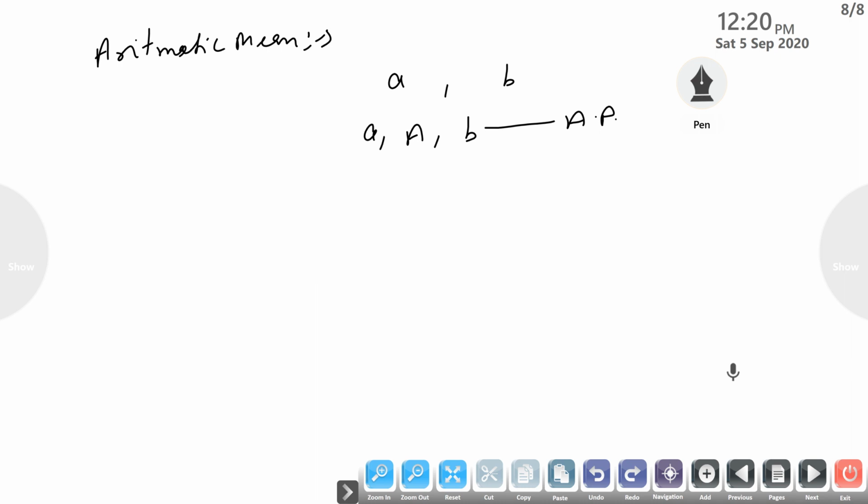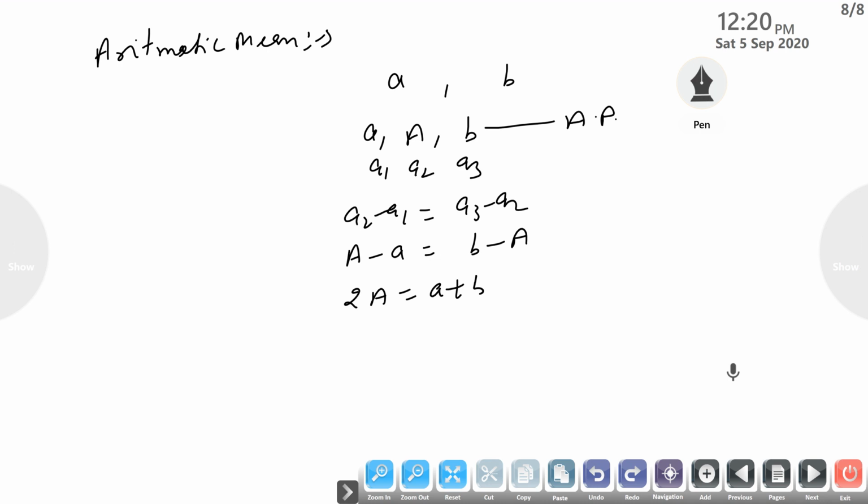So the value of d is the same, meaning a2 minus a1 equals a3 minus a2, where this is a1, this is a2, this is a3. So capital A minus small a is equal to small b minus capital A. Then 2A equals a plus b and A equals (a plus b) by 2.